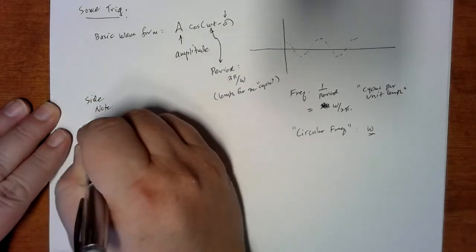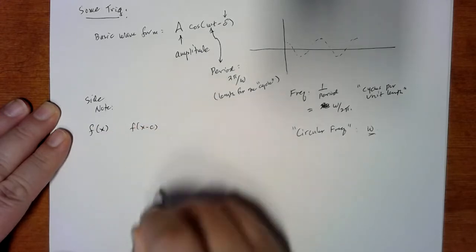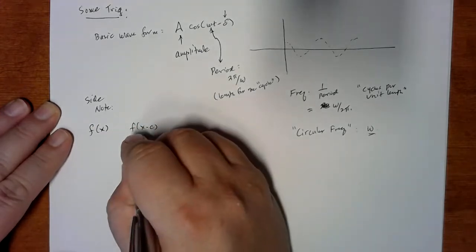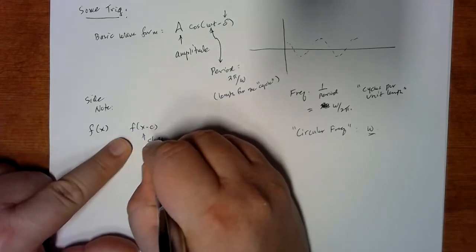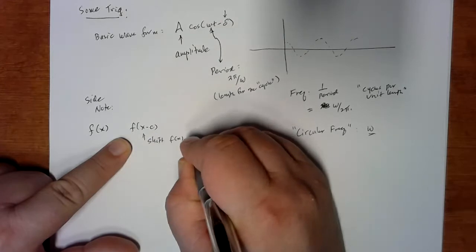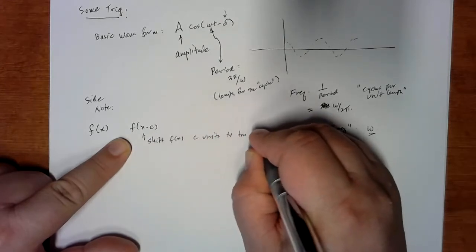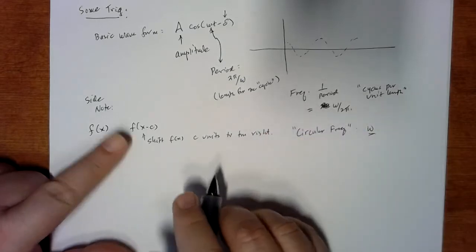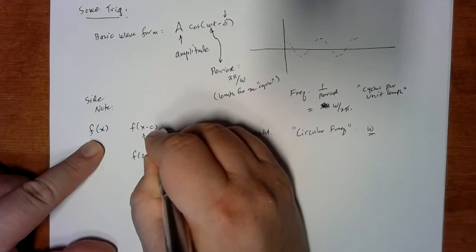remember what the difference is between f of x and the graph of f of x minus c? To get the graph of f of x minus c, you would shift f of x, c units to the right, right? And how would you get the graph of f of 2x from f of x?